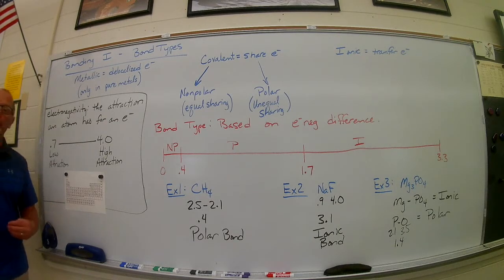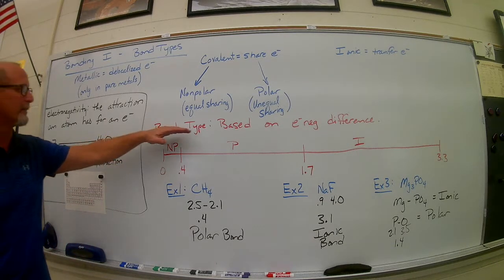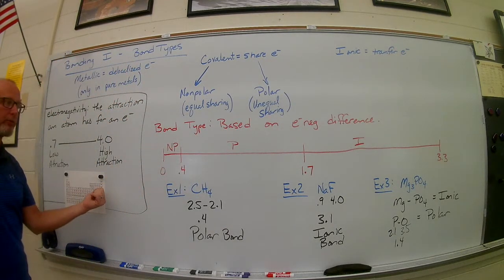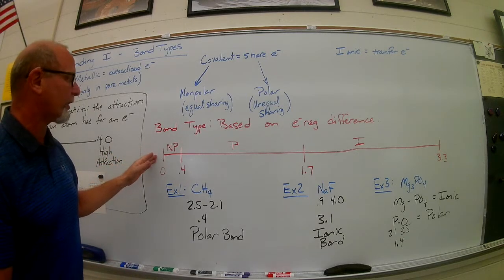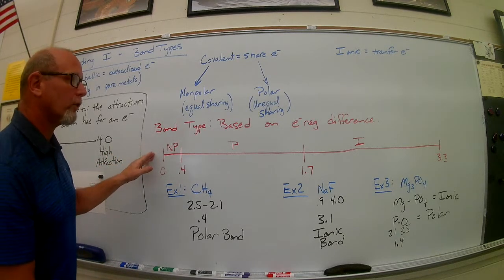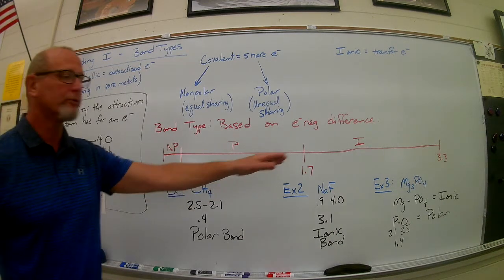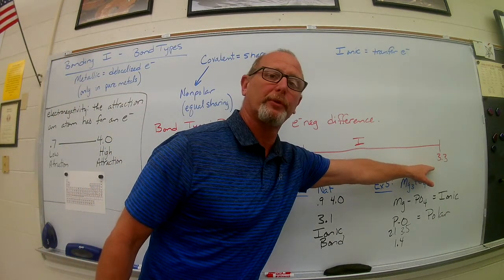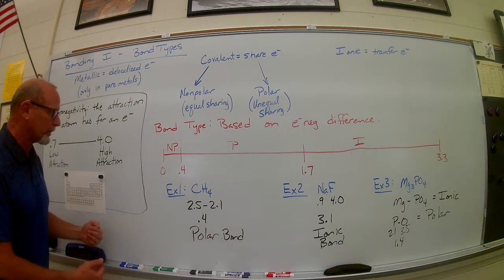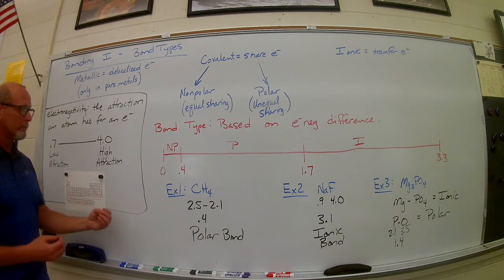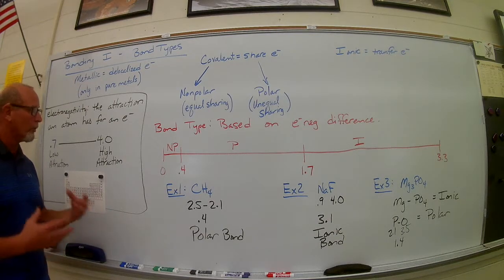Then, to determine our bond type, we take the electronegativity difference of these two values and put it on this scale. The largest difference we could have is between 0.7 and 4.0, so the top end of our scale is 3.3. The smallest difference we could have is if one of our diatomics bonded with itself, O2 or H2.